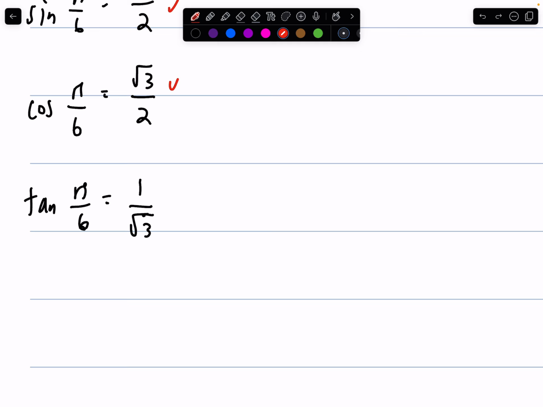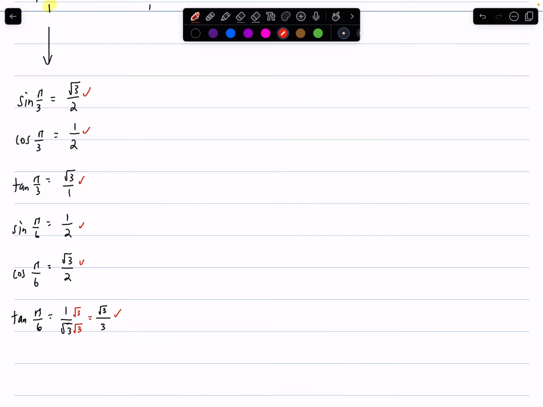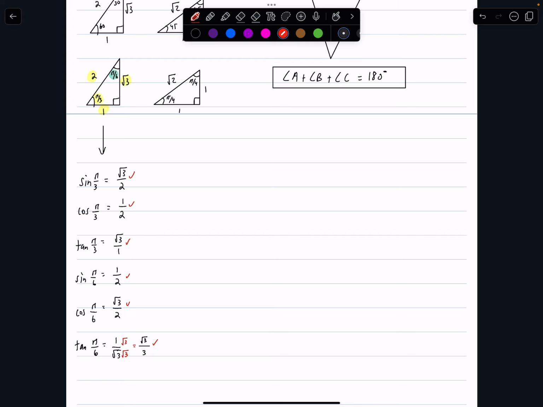So how do we rationalize the denominator? We multiply the bottom by root 3, and whatever we do to the bottom, we do to the top. So in the top, we get 1 times root 3, which is just root 3. And the bottom is root 3 times root 3, which is root 3 squared, which is 3. Now, this is in a better form that we can use for these questions.